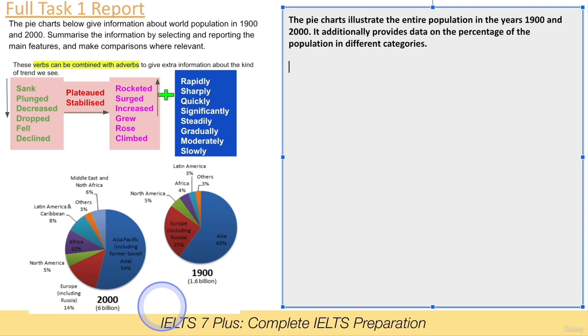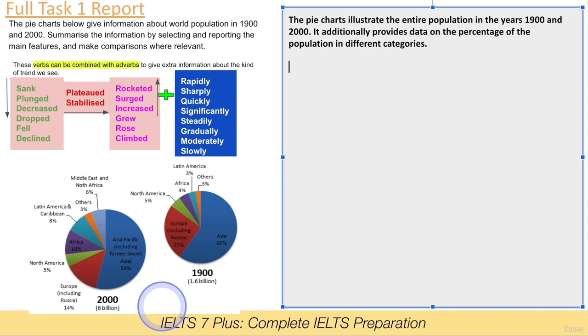Okay, I think that's good there. Lovely. Let's read it back. The pie charts illustrate the entire population in the years 1900 and 2000. It additionally provides data on the percentage of the population in different categories. Brilliant. With paraphrasing, we're writing about what the data shows us.